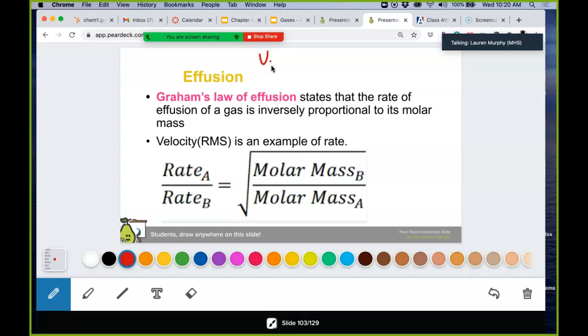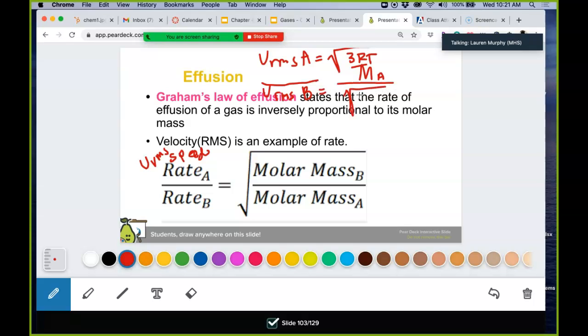We know that speed, which is a rate, the root mean square speed, the fancy word for speed, of gas A equals, we just did this at the beginning of class, the square root of 3RT over big M, and that would be of A. Well, if we're going to compare the speed of one gas to the speed of another, I would divide this by the speed of some other gas B, which is the square root of 3RT over the molar mass of B. Well, what happens?